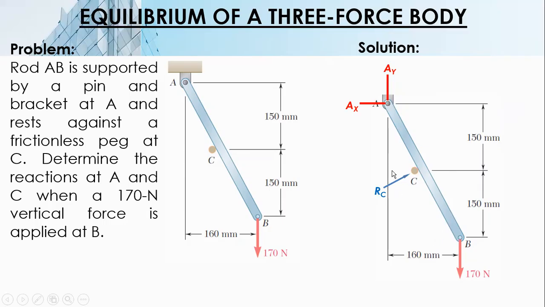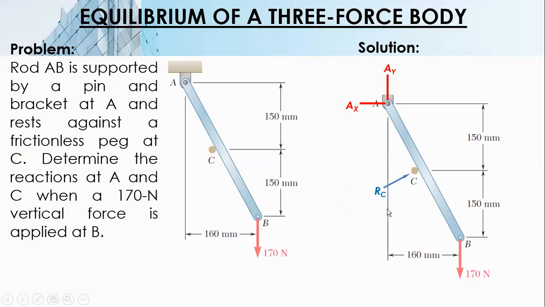So you can resolve this inclined force into X and Y components. That is possible. The three-force body analysis is an alternate solution if possible, where we do not use equilibrium conditions, like the previous problem, where we didn't use any of the three equilibrium conditions.